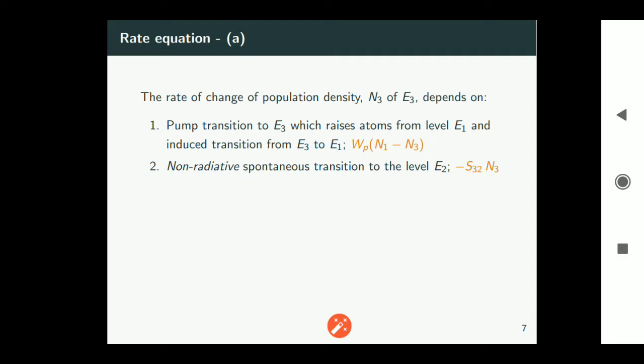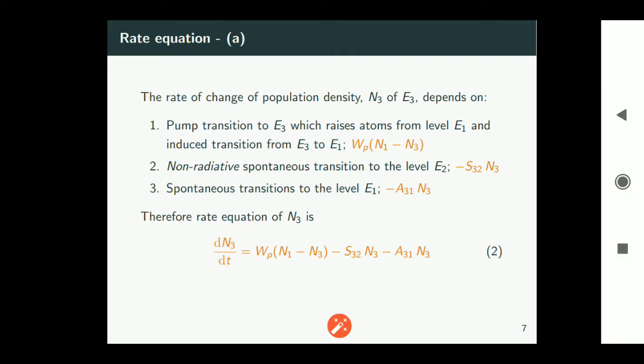S32 is the transition probability, and it also depends on spontaneous transition to E1, and A31 is the spontaneous transition probability. So using all this, one can write the rate equation of N3 as dN3 by dt is equal to the sum of these three things: Wp (N1 minus N3) minus S32 N3 minus A31 N3. Keep this equation 2 in your mind because we will be using this equation again.